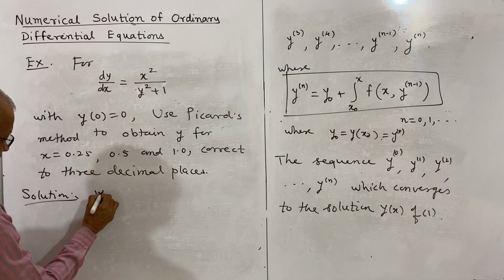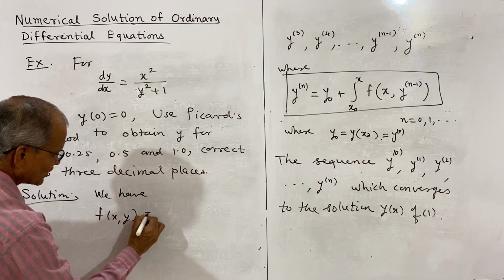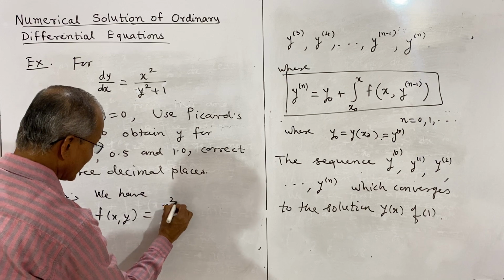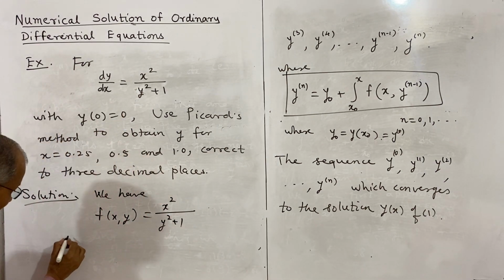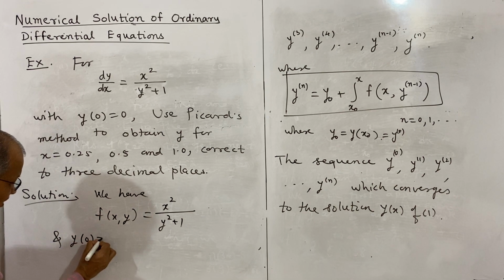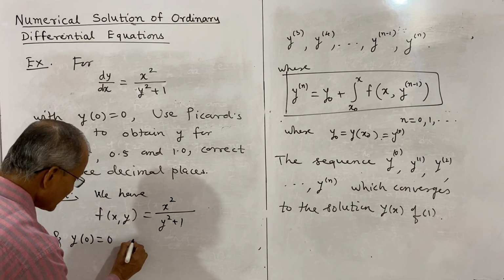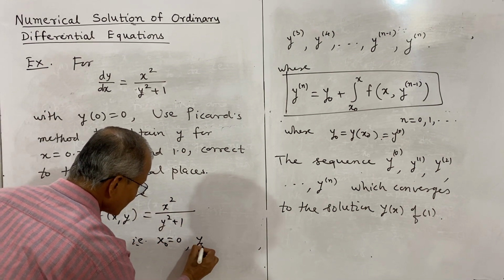We have f of x comma y, that is the function x square divided by y square plus 1, and the condition is y at x naught, y at 0 is equal to 0, means that x naught is equal to 0, y naught is equal to 0.